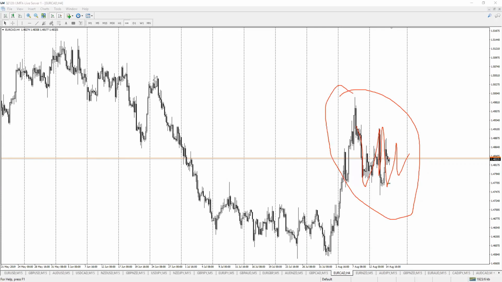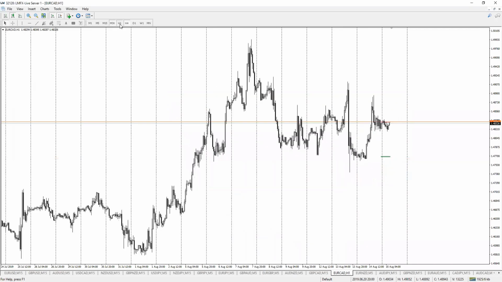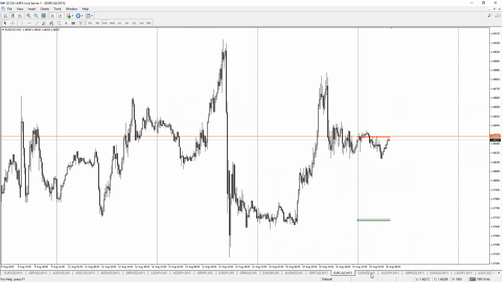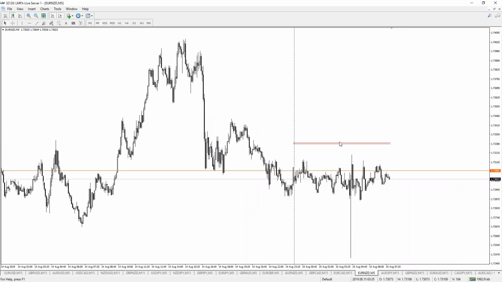This is not a clean, concise move. This is chaos. This is not where you want to be in your trading career. So in general, on a higher time frame, if it looks like that, traders beware. You're just going to get whipsawed out. You think it's going one way and it's going to go the other, no matter if you're buying or selling. So it's almost like both buyers and sellers lose.